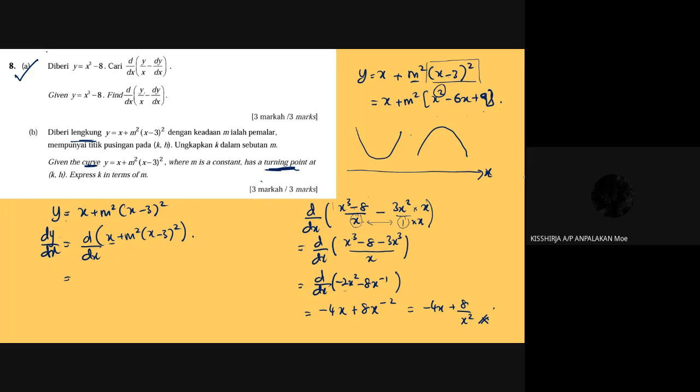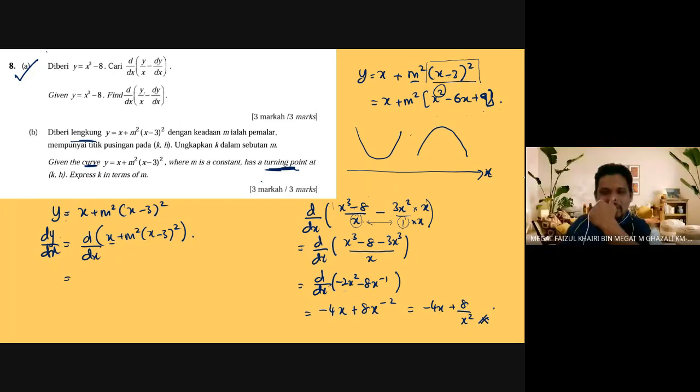The symmetrical line in the middle. Okay. Let's say what is the gradient at this point? The gradient is negative, right? Yeah, okay.